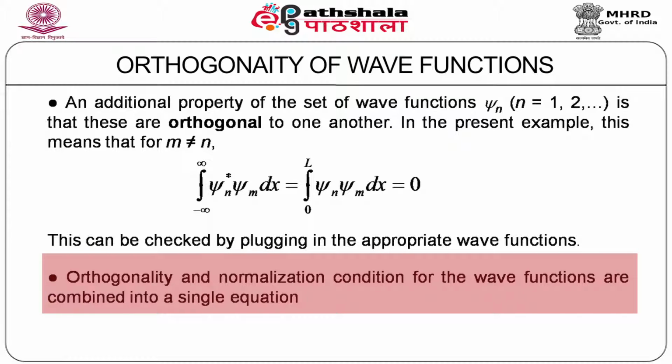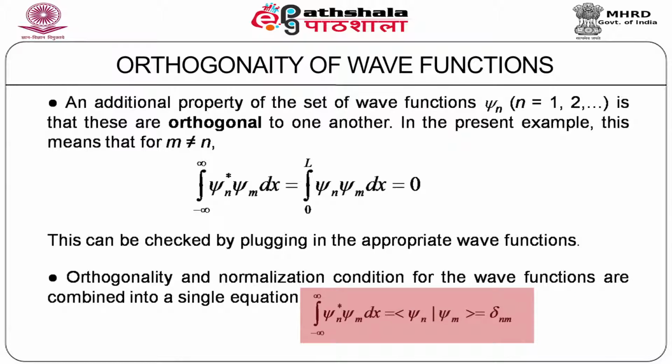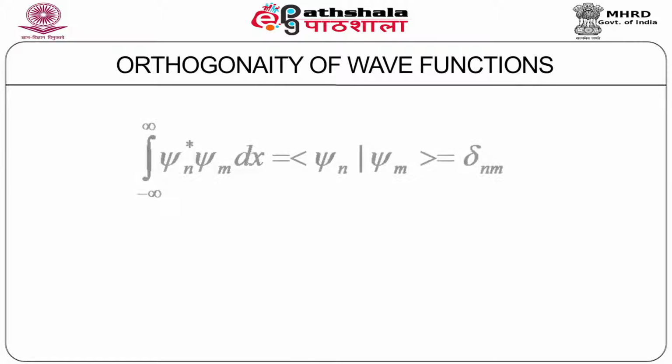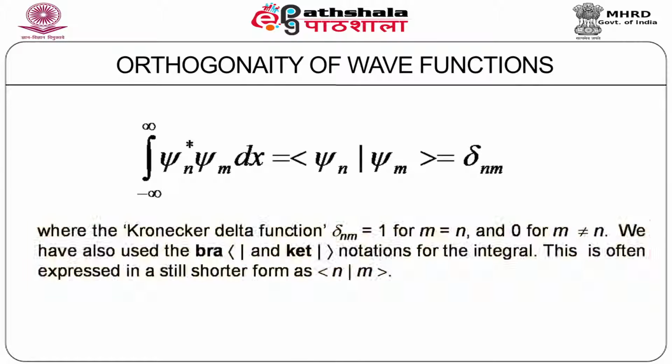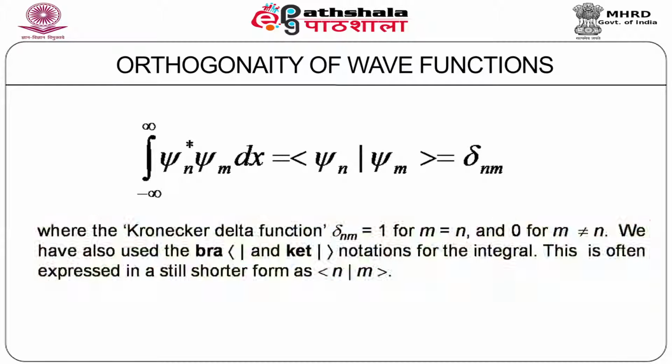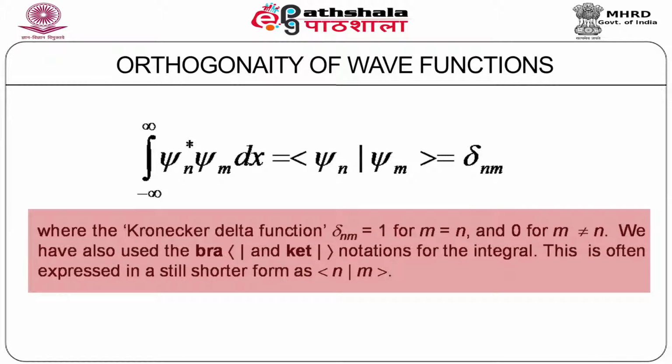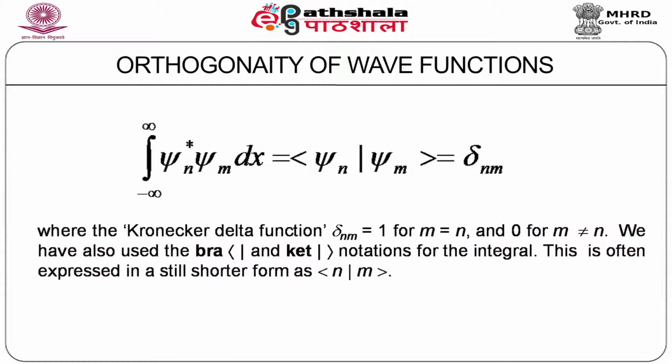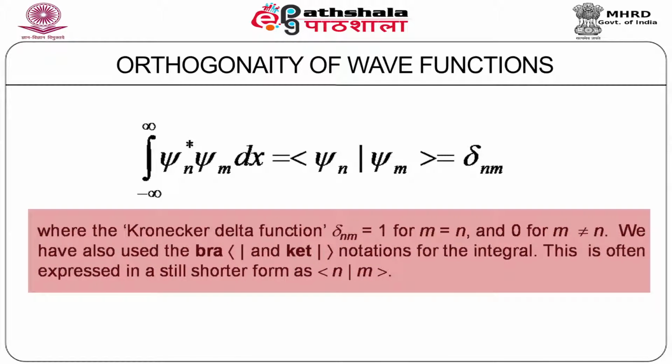So the two conditions can be combined to write the integral of psi n star psi m dx equal to delta nm, where delta nm is called the Kronecker delta. That is, if m is equal to n, then this is 1, which gives you the normalization condition. But when m is not equal to n, this gives 0, which is the orthogonality condition.